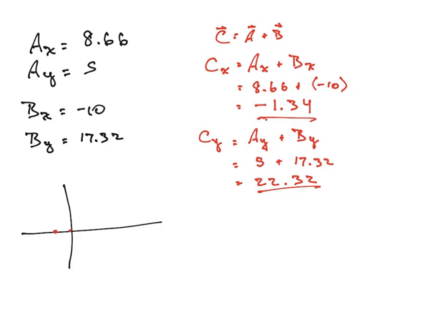So in the y direction, I go upwards 22, so that's way, way up here somewhere. Now all I do is draw a line, a vector, which starts at the origin and goes to that new point up there. There we go.